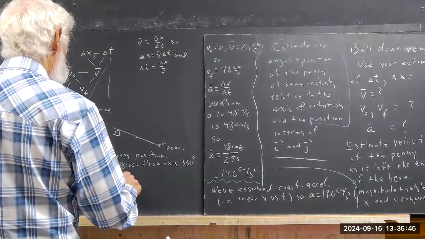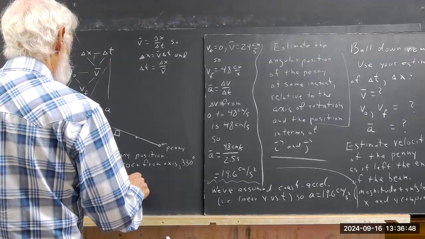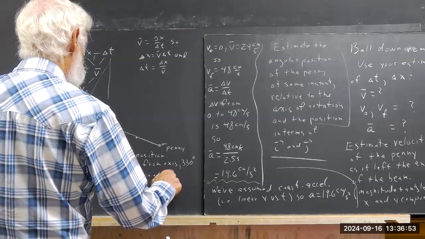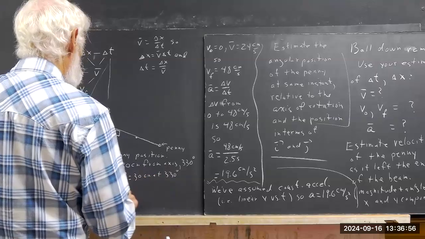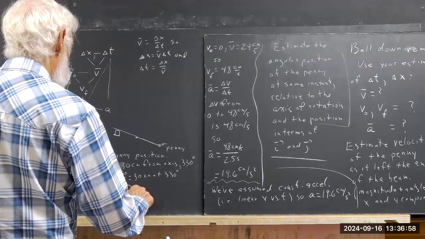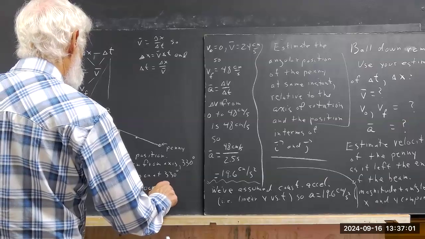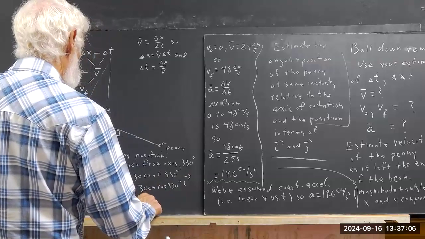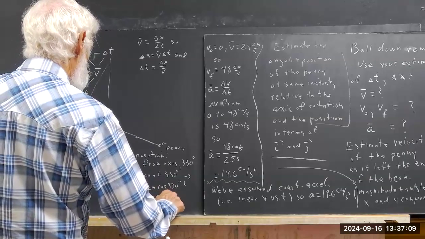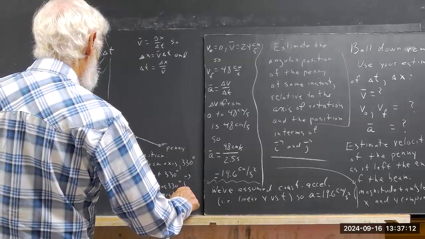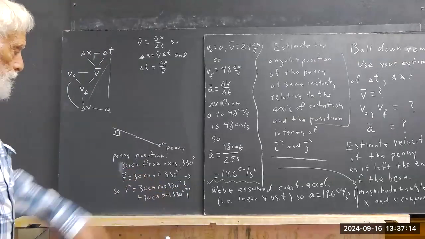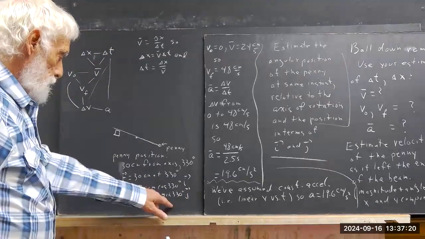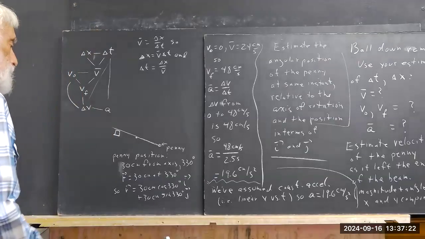So I could say the position vector, which is R, is thirty centimeters times the cosine of 330 degrees times your I vector plus 30 centimeters times the sine of 330 degrees times your J vector.